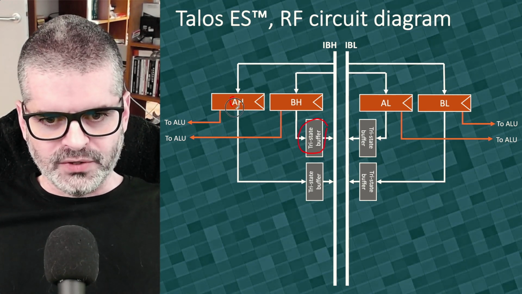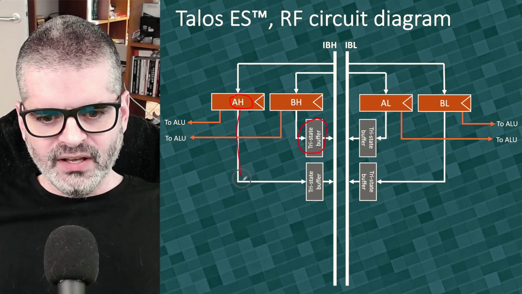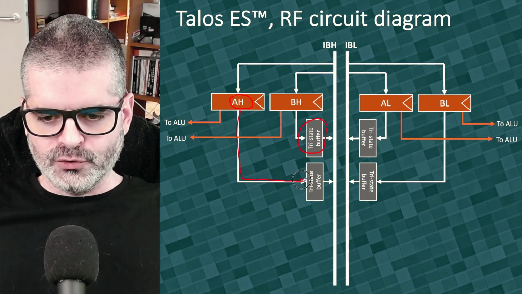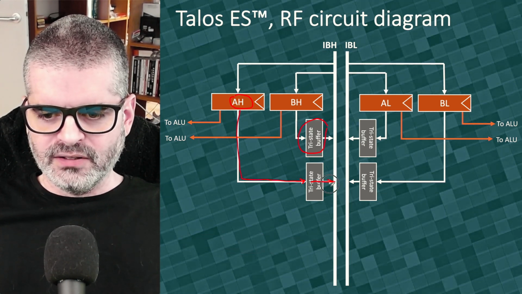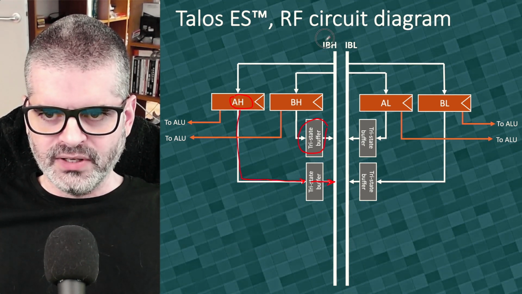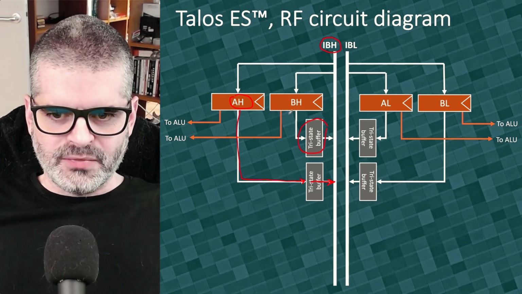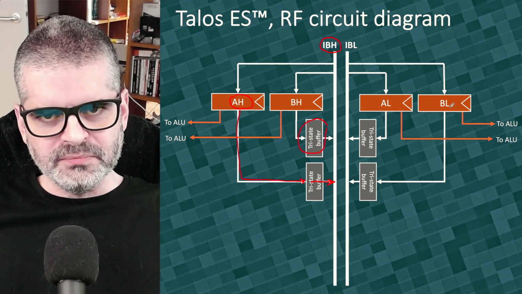So we can take the contents of A high, for instance, and then control this tri-state buffer so as to drive that content of A high into the internal bus high. And the same thing for B high, A low, and B low.